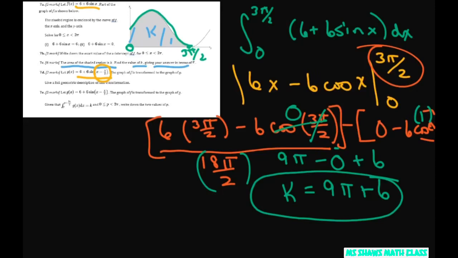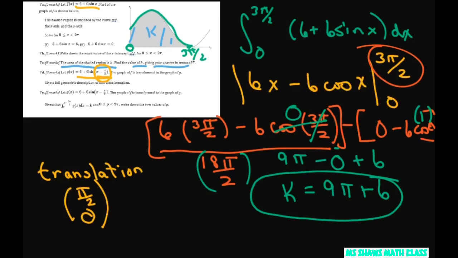So we write this as the translation: we're shifting to the right by pi over 2, and we're not shifting up or down, so that's just 0. So that's a horizontal shift, or phase shift, to the right by pi divided by 2, and there is no vertical shift.